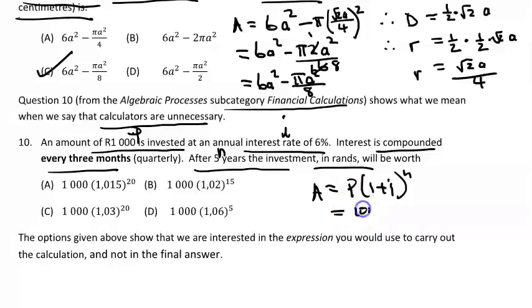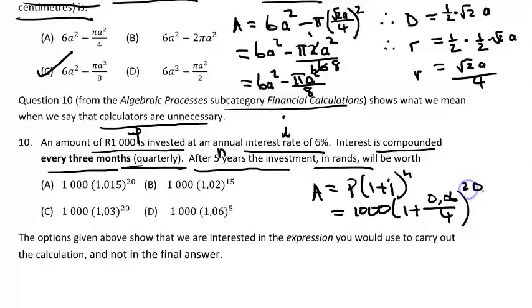P is 1,000, 1 plus interest, which is 0.06 over 4. And 5 years, so the number of payments will be 5 times 4, remember quarterly payments, which is 20.